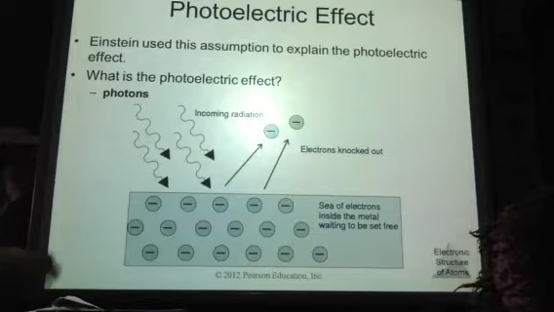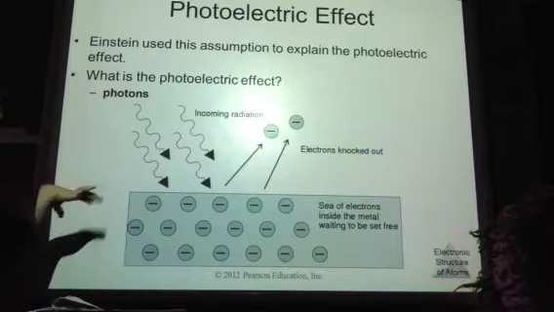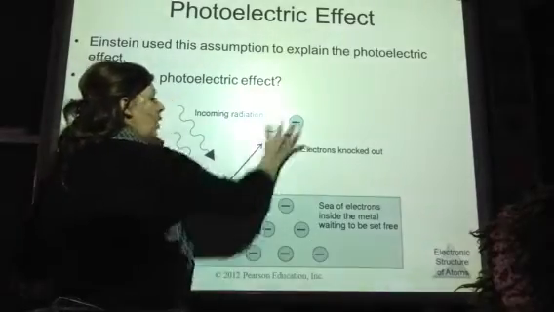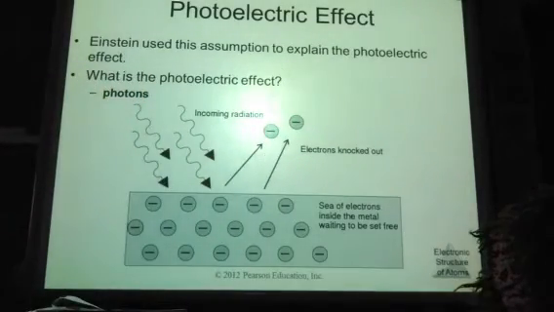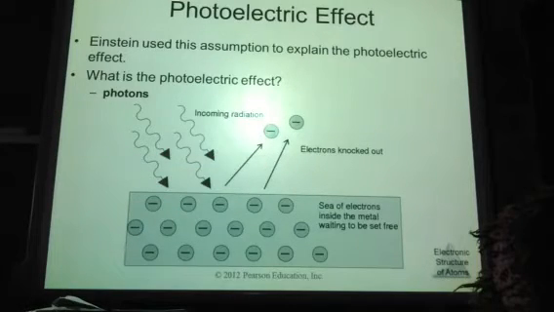So if I have a lot of photons coming in and striking a metal surface and emitting electrons, it's not necessarily the energy that matters. It's my intensity: how many photons do I have striking that metal surface, not how much energy each photon has.